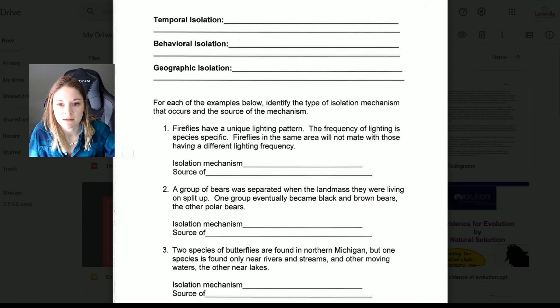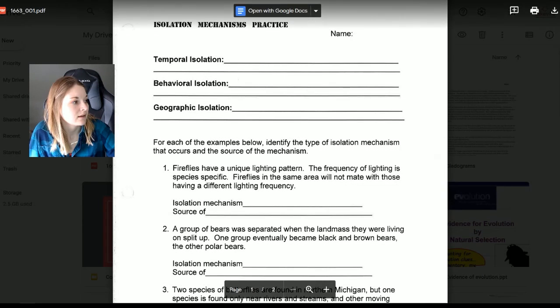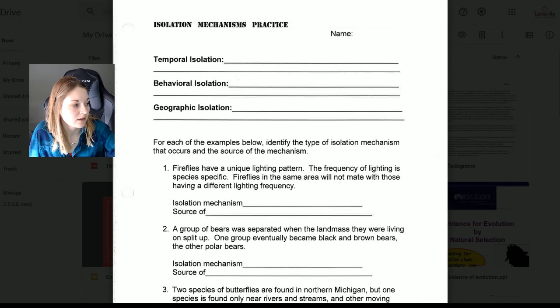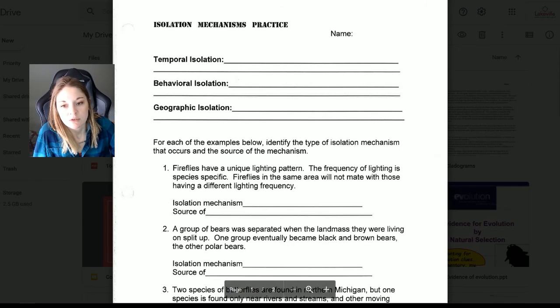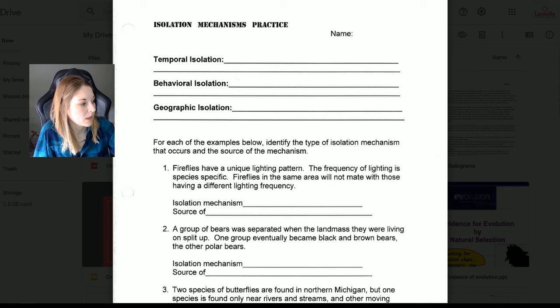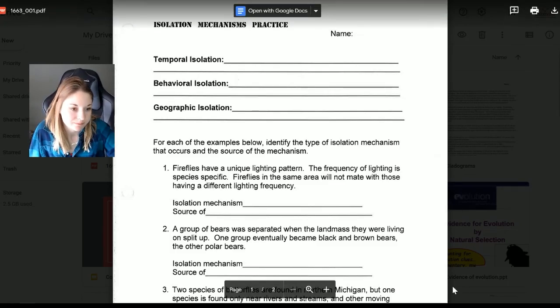So for the isolation mechanism, I want to know, is that temporal, behavioral, or geographic? In this case, this would be behavioral, and the source of this is their lighting pattern. I know that that is the behavior. That's what I want you guys to do for these. Make it specific for each scenario. And that should be that.